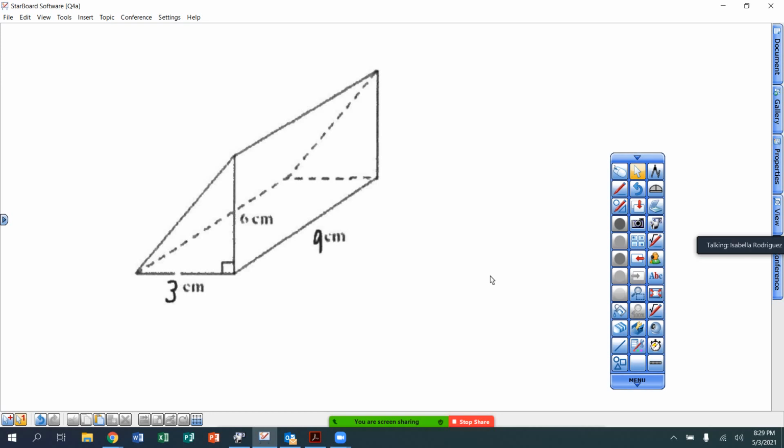I did half. I think what I did is I found the area of the triangle, and then I multiplied it by the 9. Okay.